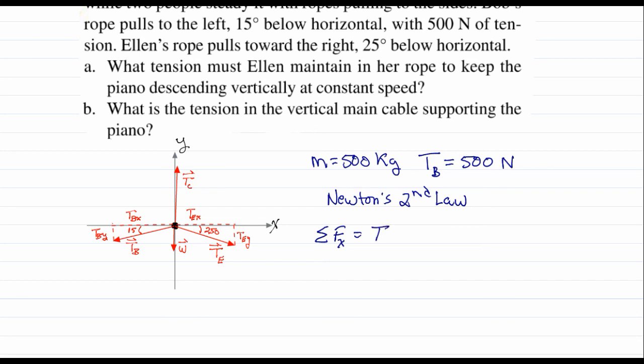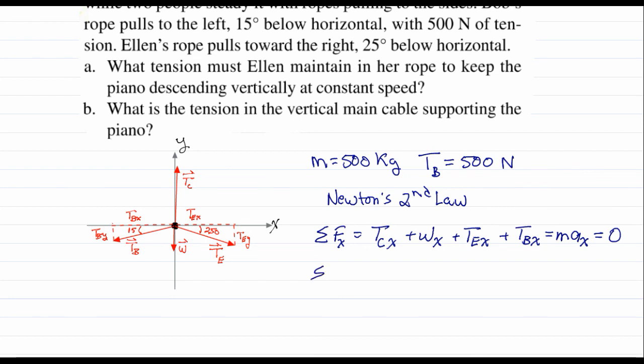So let's write this down. You write down every force. So we have the tension in the cable, and its x component, plus the weight x component, plus Ellen's x component, plus Bob's x component. And this should equal mass times the acceleration in the x direction, which is 0 because this object is being lowered at a constant speed.